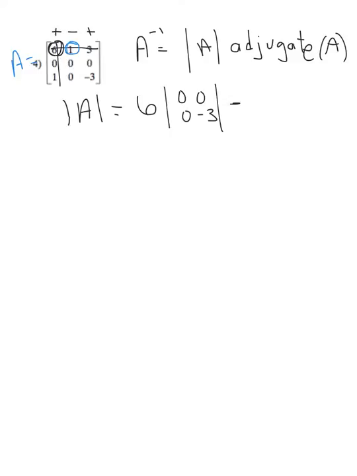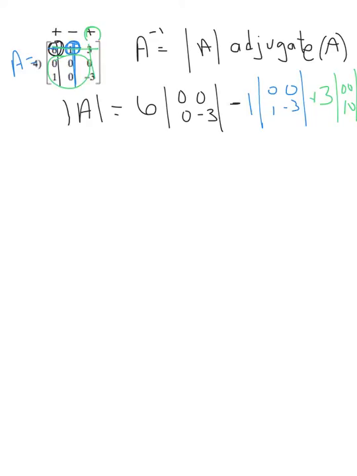Now I'm going to take the 1 and get rid of its row and column, so it's a 1, and the rest is 0, 0, 1, negative 3. And then lastly, plus, so the third one is a plus. I'll take this 3, was that a 3 right there? Yes, that's a 3. I take the 3 and get rid of its row and column, and what's left is 0, 0, 1, 0.